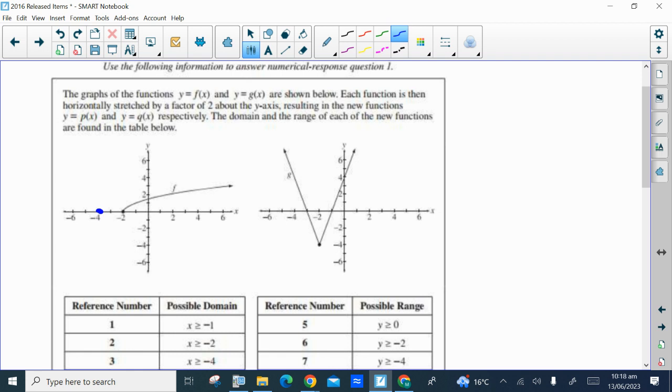But if you horizontally stretch by a factor of 2 about the y-axis, this value of -2 is multiplied by 2, it'll become -4. The y-intercept will be invariant, okay? And this graph would look something like this.